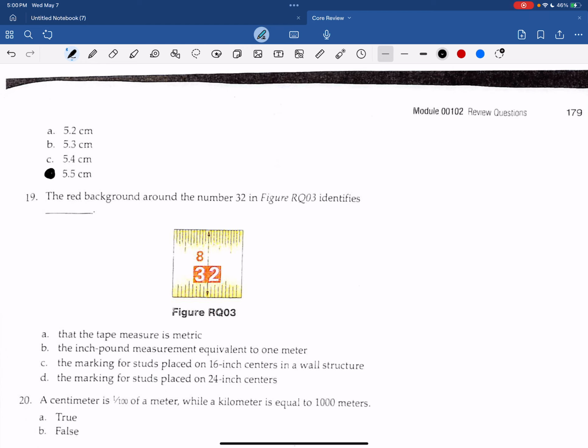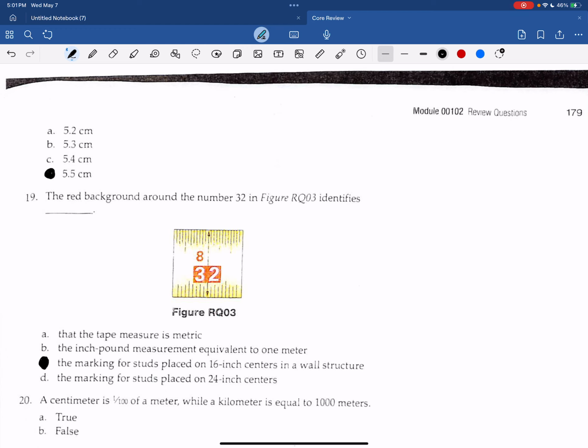Number 19. The red background around the number 32 in figure RQ03 identifies blank. And I will be honest with you, I had no idea because I am not a construction person. I do not know what that means, never really cared. So I had to ask our maintenance supervisor or building supervisor, and he told me that the answer is C. I'm going to leave it there because I cannot explain it.